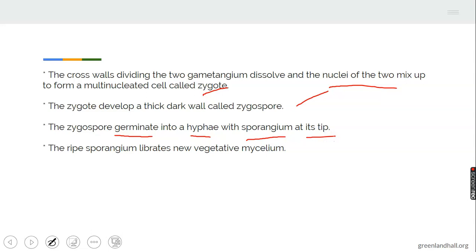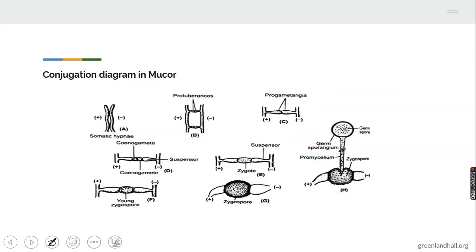The zygospore will germinate into a hyphae with sporangium at the tip. The sporangium liberates new vegetative mycelium. That is, it bursts to liberate new organism. Conjugation diagram is shown there in mucor.